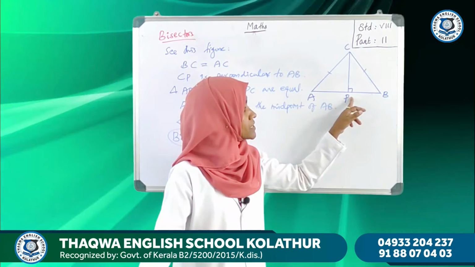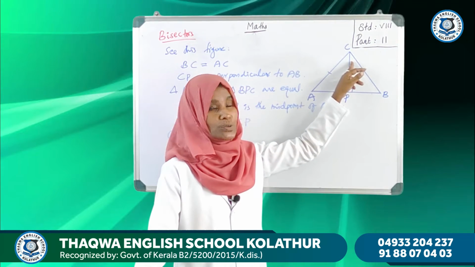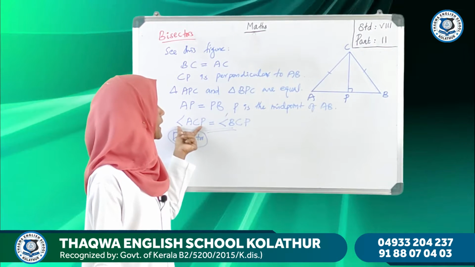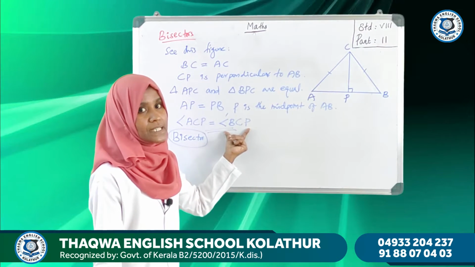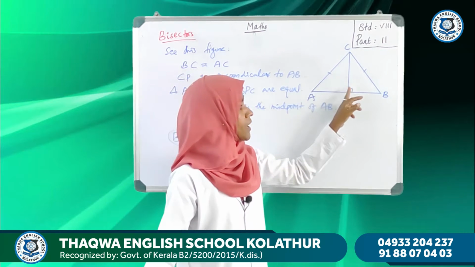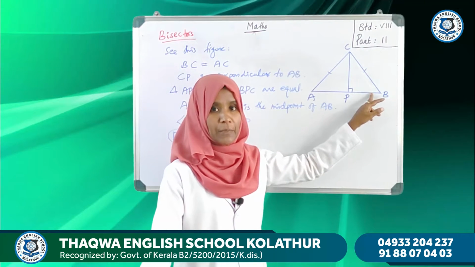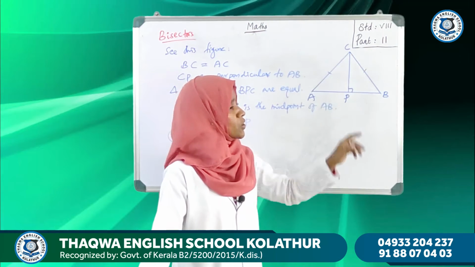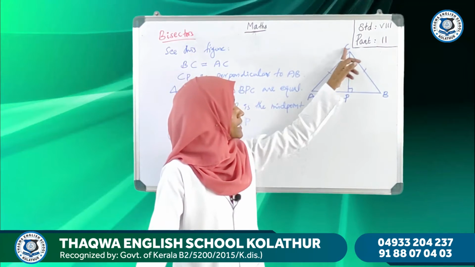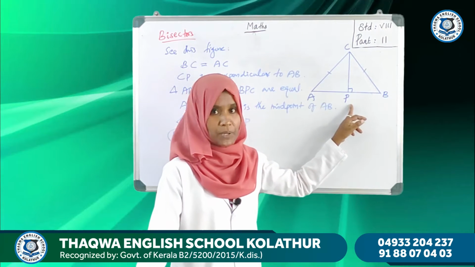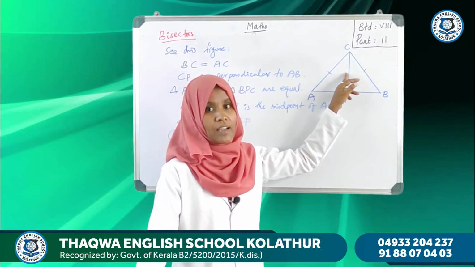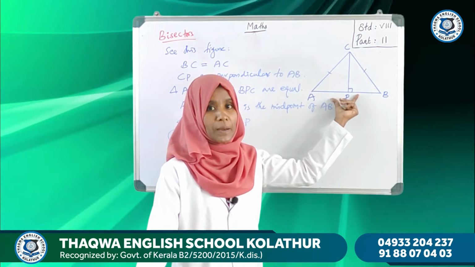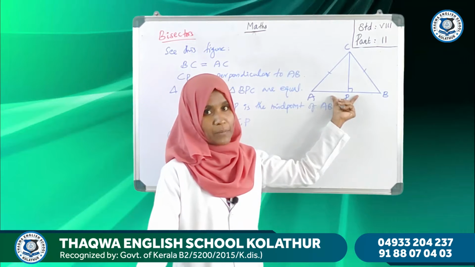Then CP divides angle C into two angles. Which are they? Angle ACP and angle BCP. So CP is an angle bisector and also it is a perpendicular bisector to the line AB.